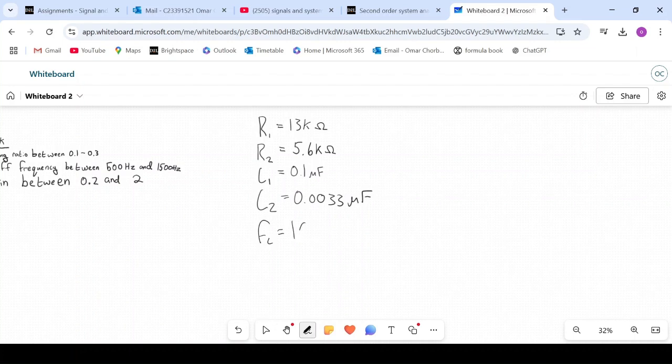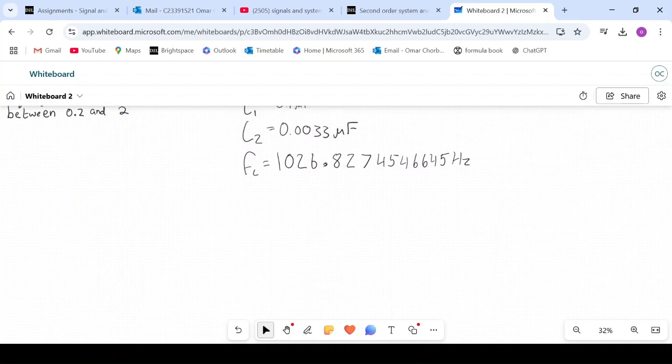Along with these component values, we also have a cutoff frequency of 1026.827 hertz, so it's in the range that we were given. And then we have a Q factor of 2.5251999.